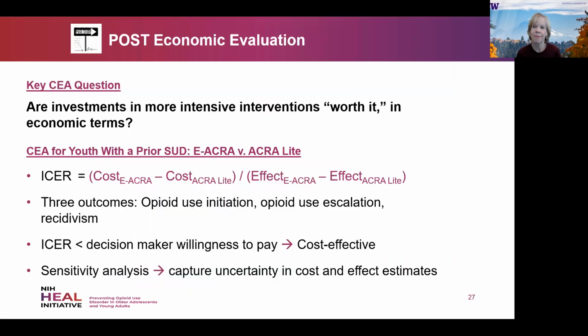Next slide. So our main question is whether investment in more intensive interventions is worth it, again, from an economic perspective. For young people who come into the trial with a prior substance use disorder, we'll be asking whether investment in intensive ACRA, the EACRA version, is cost-effective compared to ACRA Light.